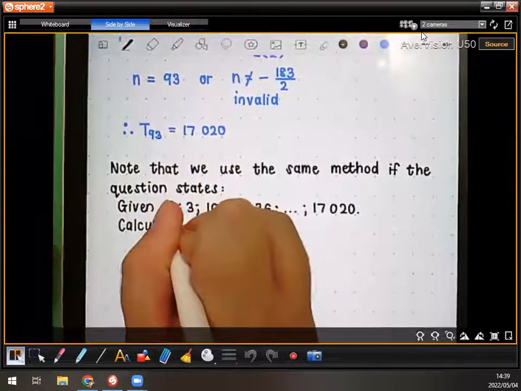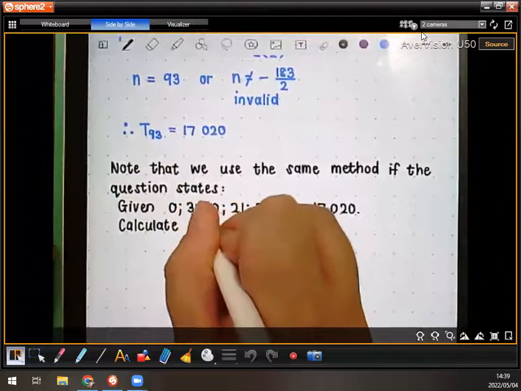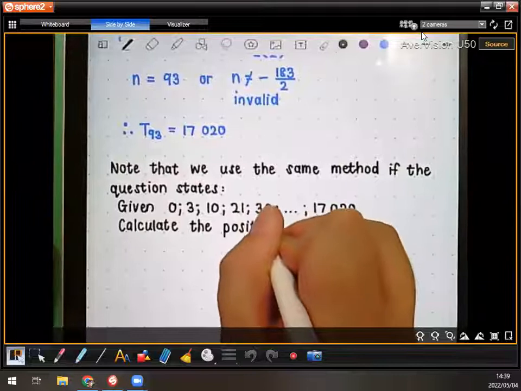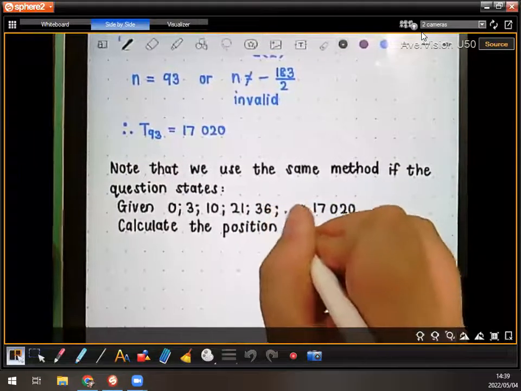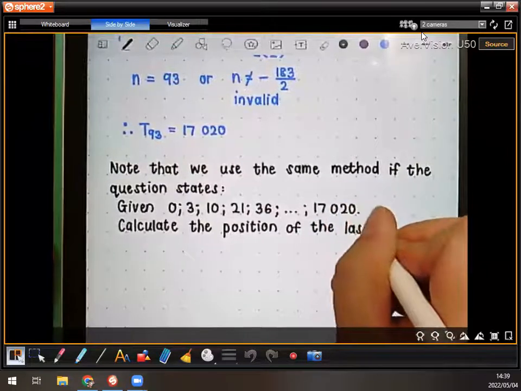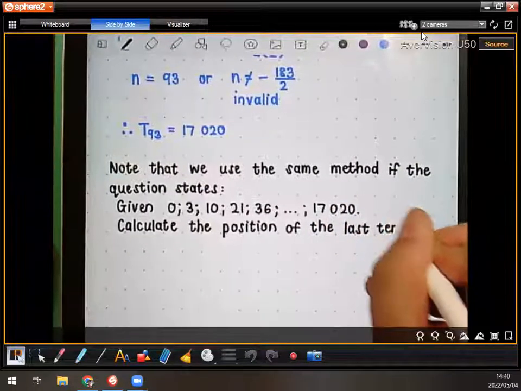Calculate the position of the last term.